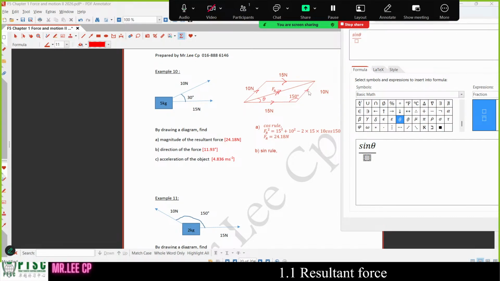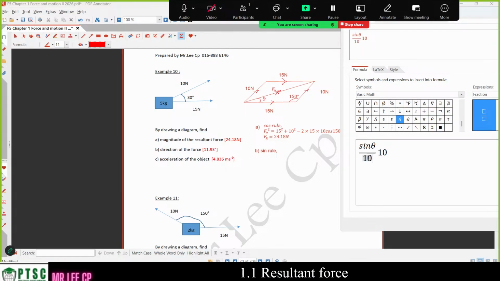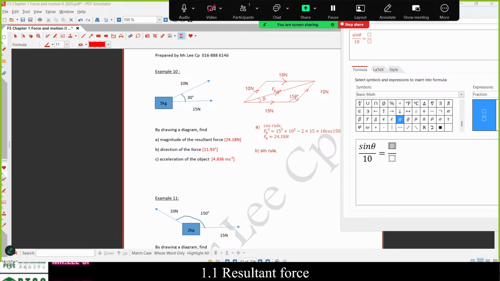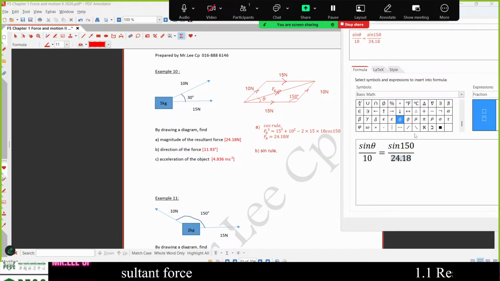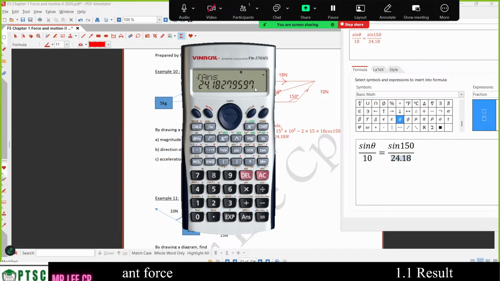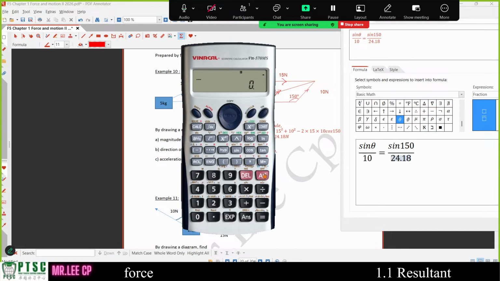Sine theta over the opposite is equal to sine 150 over FR. Right? FR we know it is 24.18. So we can find the theta.